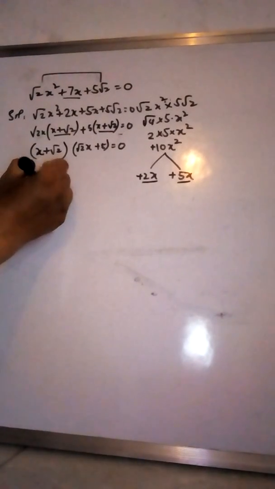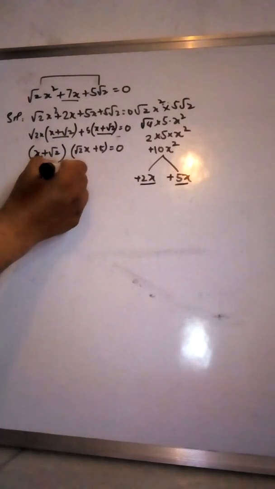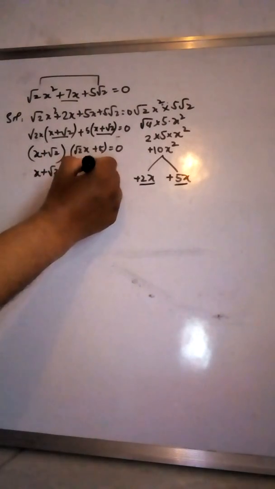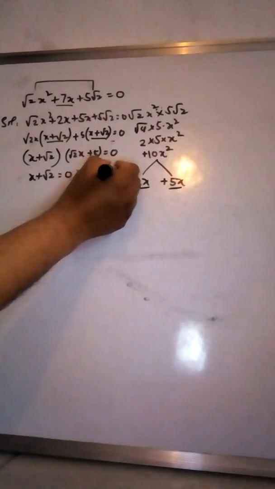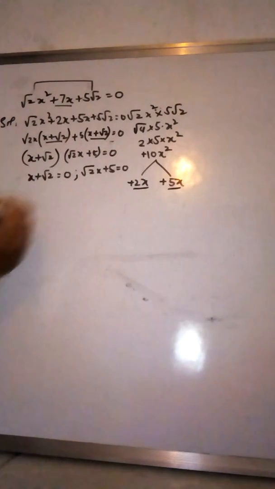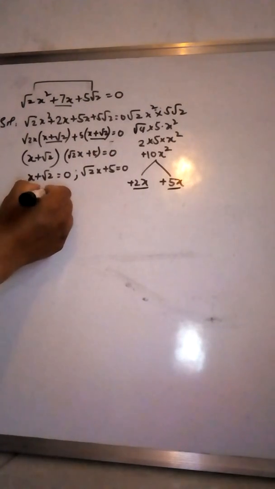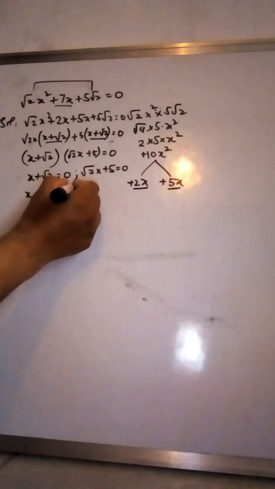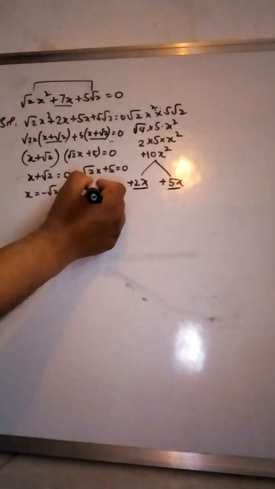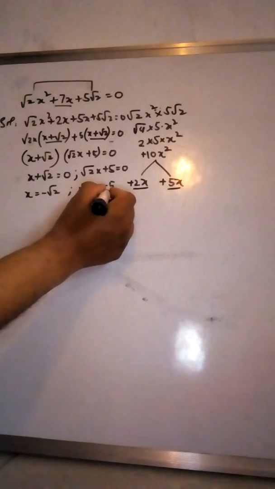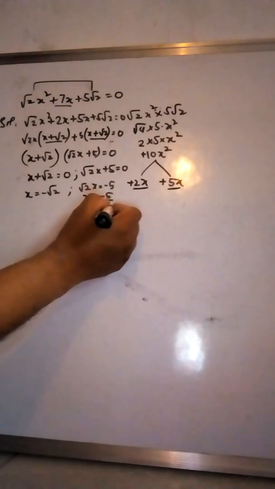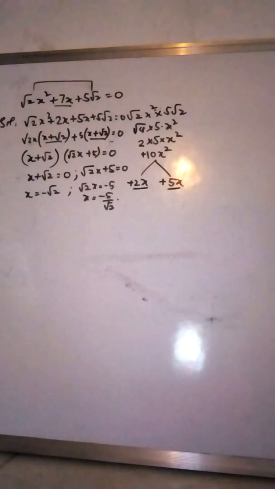So now individually, x plus root 2 is equal to 0, or root 2x plus 5 is equal to 0. So x is equal to minus root 2, and here root 2x is equal to minus 5, x is equal to minus 5 by root 2. So these are the roots of the quadratic equation.